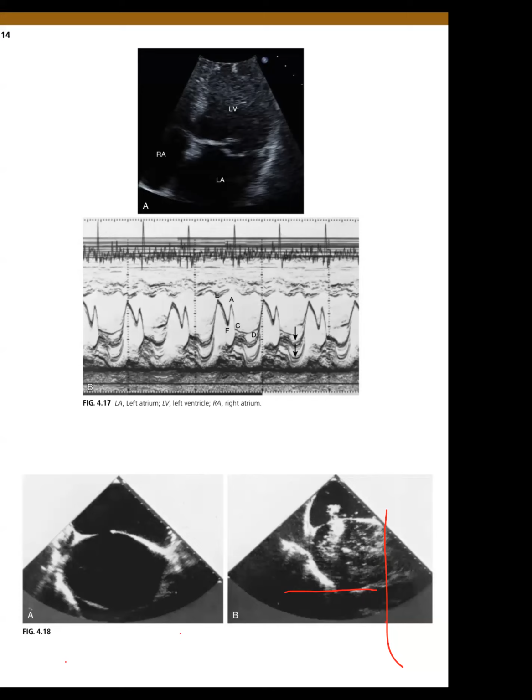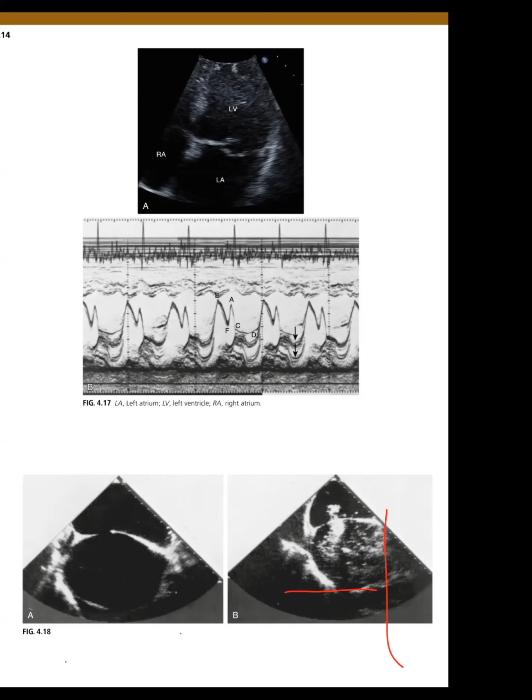So this view is actually what is called the bicaval view. Although in image A, it is not showing very clearly the superior and inferior vena cava, the view should actually show, if we're looking at figure A, the superior vena cava on the bottom right side of the image, and then the inferior vena cava on the left side.